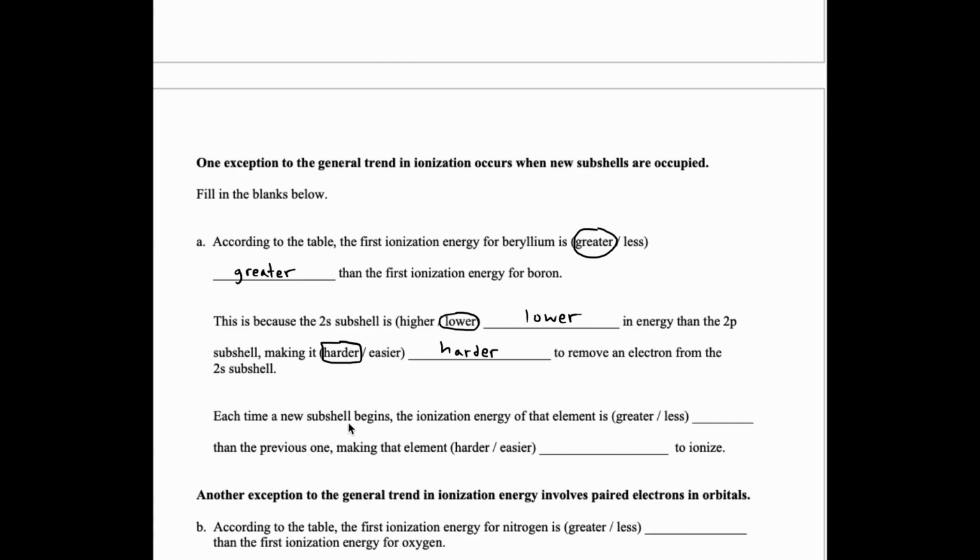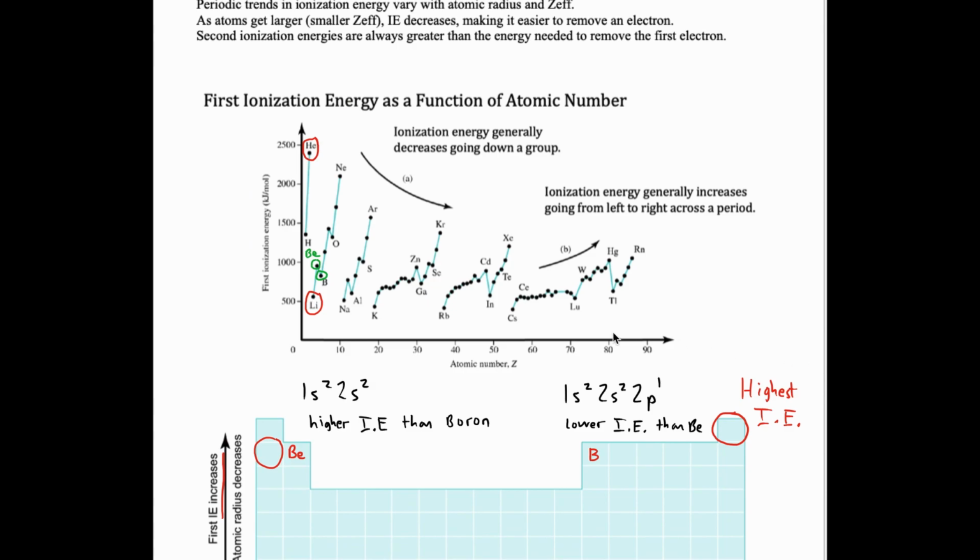Each time a new subshell begins, the ionization energy of that element will be less than the previous, making that element actually easier to ionize. If we look at the table, we can see this. So beryllium represents a completed 2s shell.